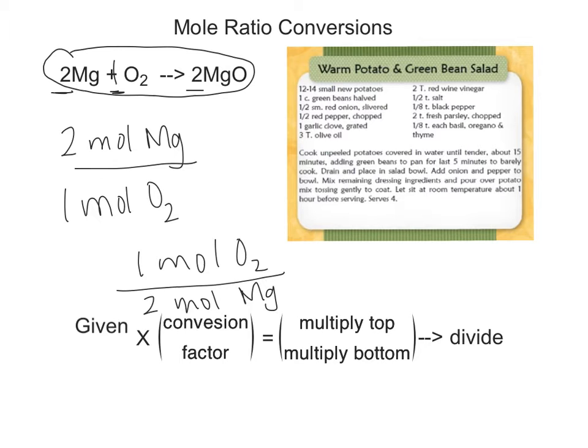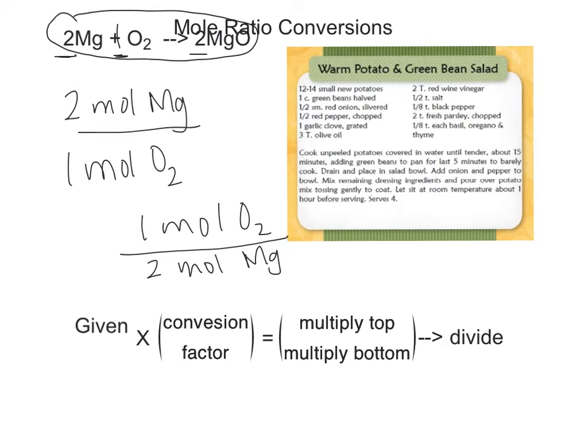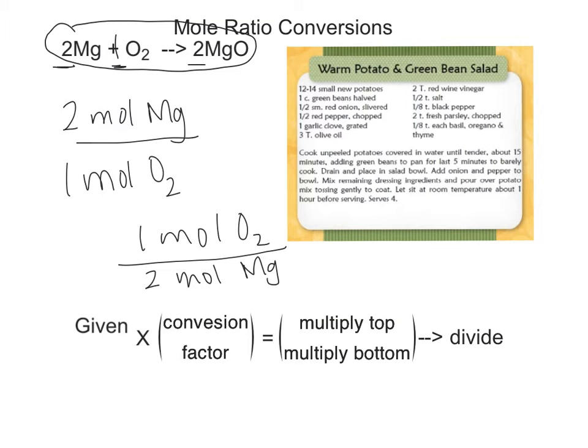Now, before we start here, I want to go over our conversion process that we started last week, okay? So remember, we're starting with our given. You always write your given, and then you implement your conversion factors. Now this is going to be where we're going to use our mole ratios.